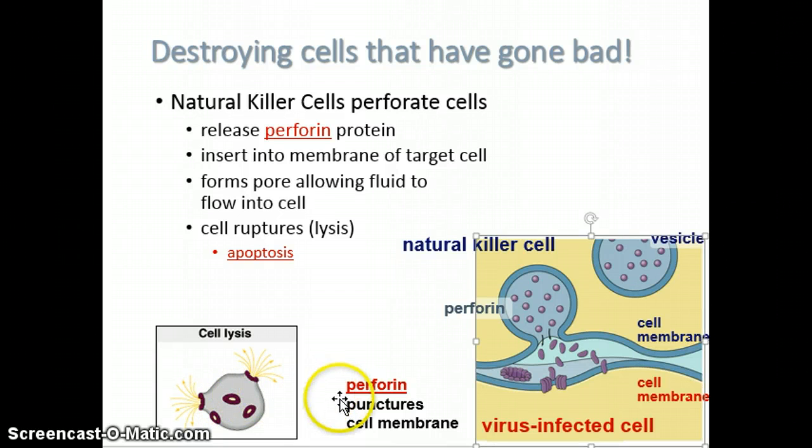So it basically is going to puncture that cell membrane and in that way lyse the cell. It will cause the cell to rupture. So these are the only ones of the different leukocytes that do not engulf either the pathogen or the infected cell. They work in a little bit different way by releasing something that's going to kill the cell instead.